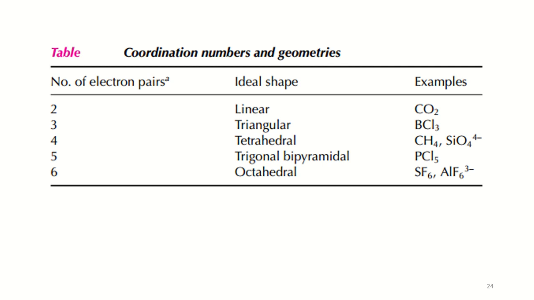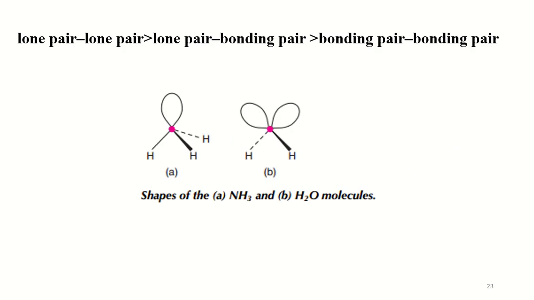The ideal shapes, however, are distorted because lone pairs are held more tightly to a nucleus than bonding pairs, which effectively means that they occupy more space and cause distortion from ideal geometries and symmetries as well.